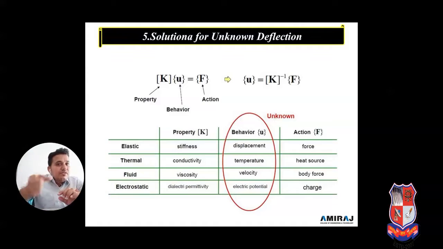So basically we have to know elastic, thermal and fluid. Elastic is considered for static structural analysis, thermal for heat transfer analysis, and fluid for CFD, computational fluid dynamics analysis. This is the very important part to find the unknowns: unknown displacement, unknown temperature, unknown velocity.